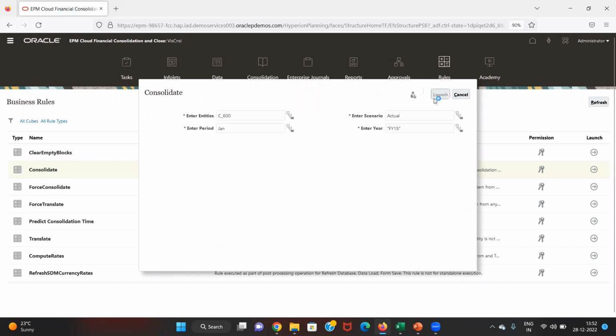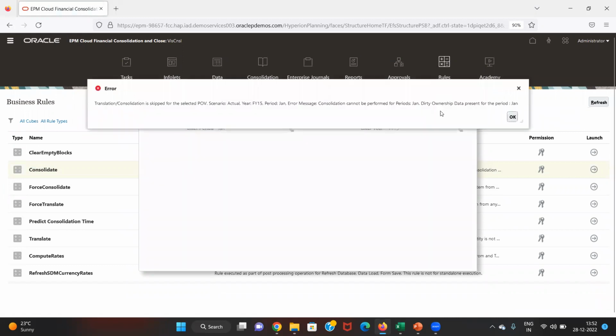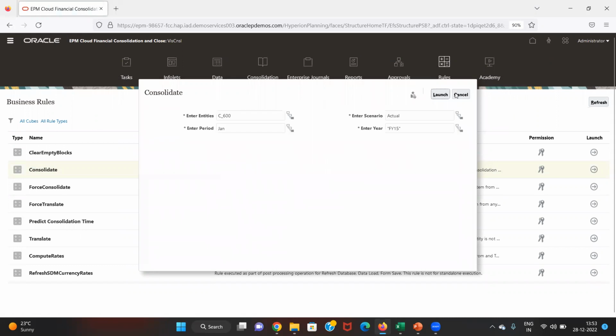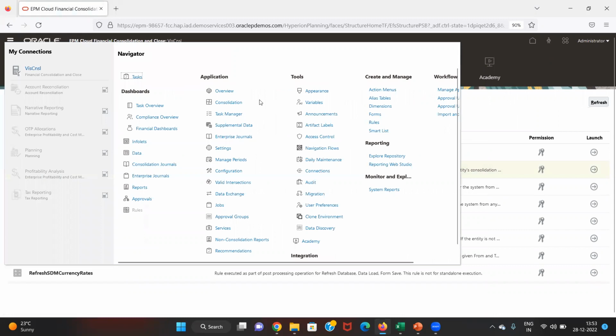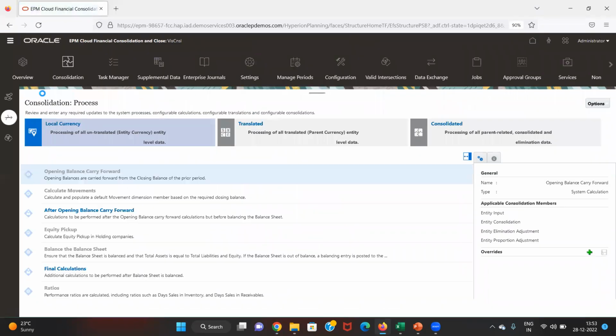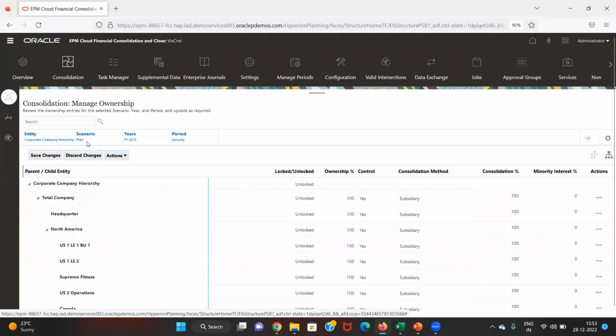POVs are fine. I'll click on launch again. Okay, in the case of dirty ownership, I'll have to validate or recompute my ownership data again. Let's go to consolidation and again recompute.